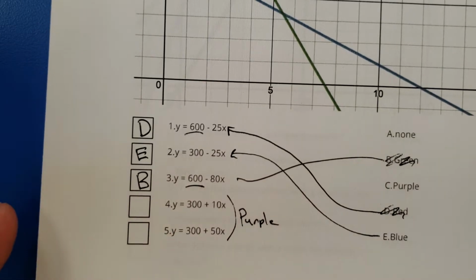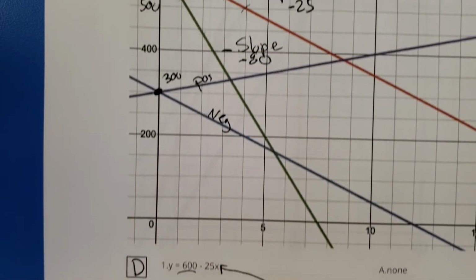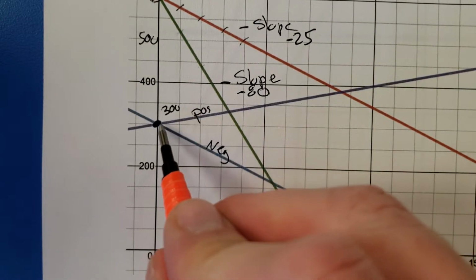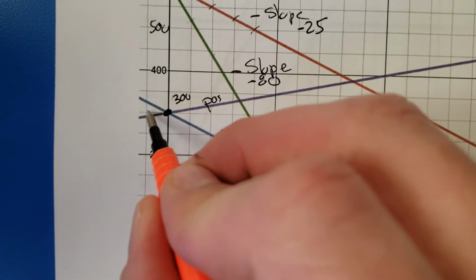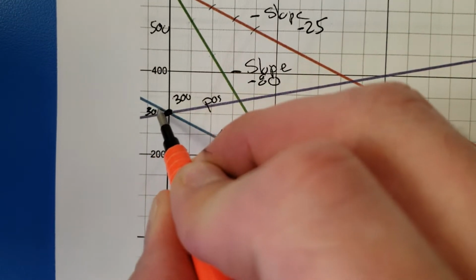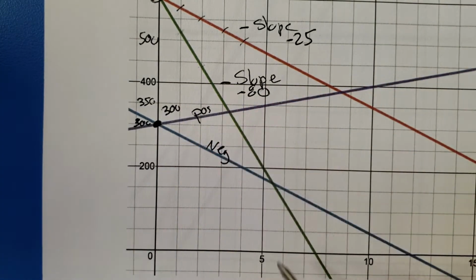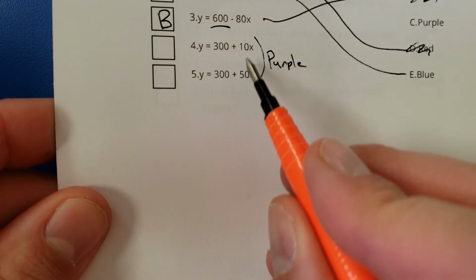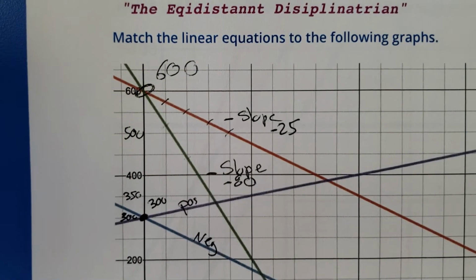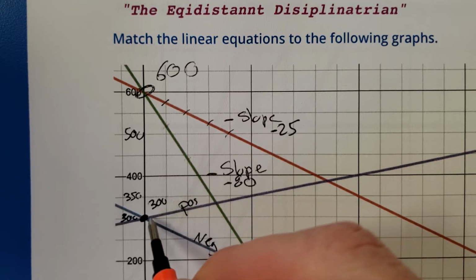Now we have to figure out, do we have a slope of 10 or a slope of 50? Let's take a look at the line. 1 to the right, up. I don't think that's 50, because this is 300 and this would be 350. I'm using some spatial sense here. If you had a slope of 50, you'd go 1 to the right, up 50, and that doesn't look like it.